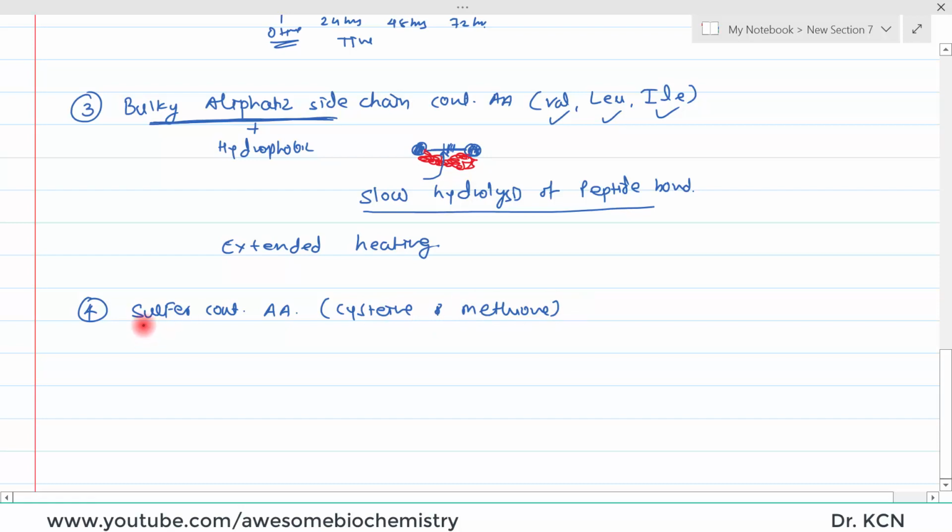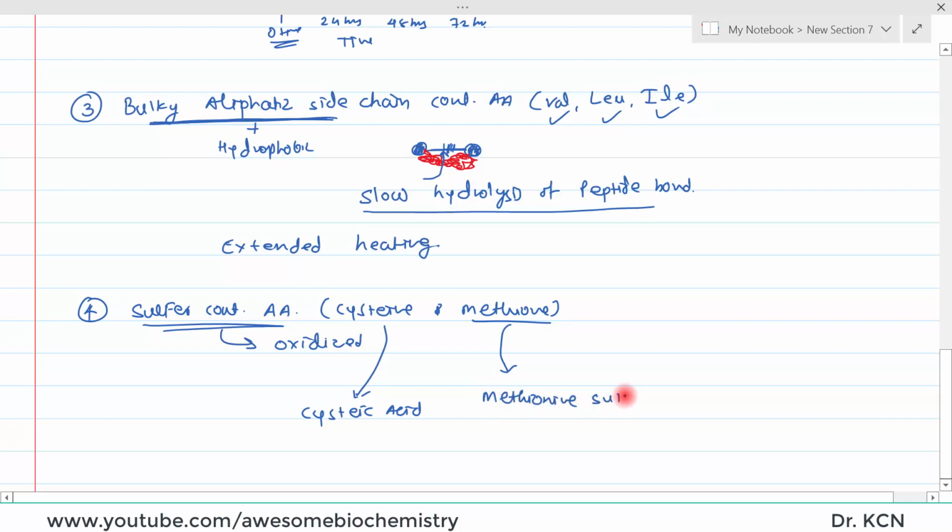These sulfur containing amino acids are oxidized, even before hydrolysis. So, they are unstable during hydrolysis. What happens to cysteine? Cysteine gets converted to cysteic acid, and methionine is converted to methionine sulfone.